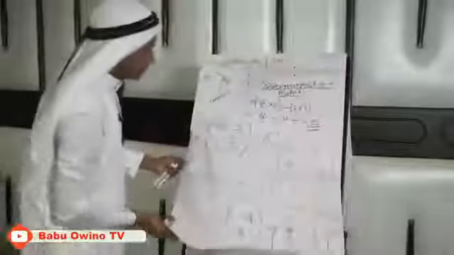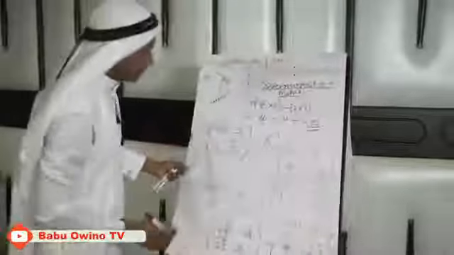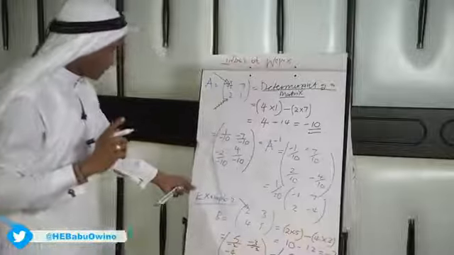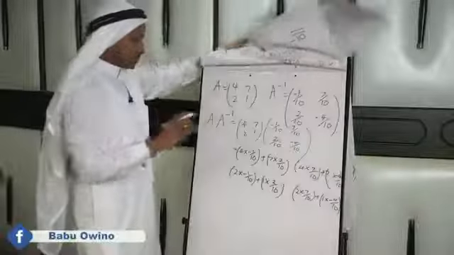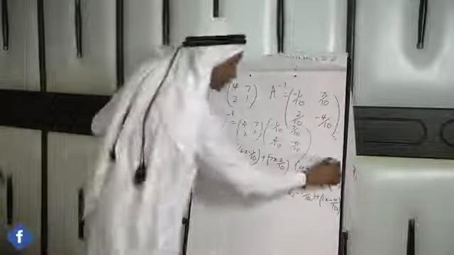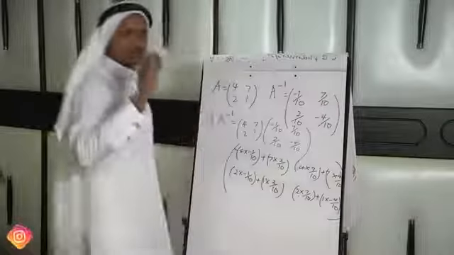From here, I told you be very, very careful, very keen when you are multiplying. As you multiply, you can make very small mistakes that will cost you the whole question.